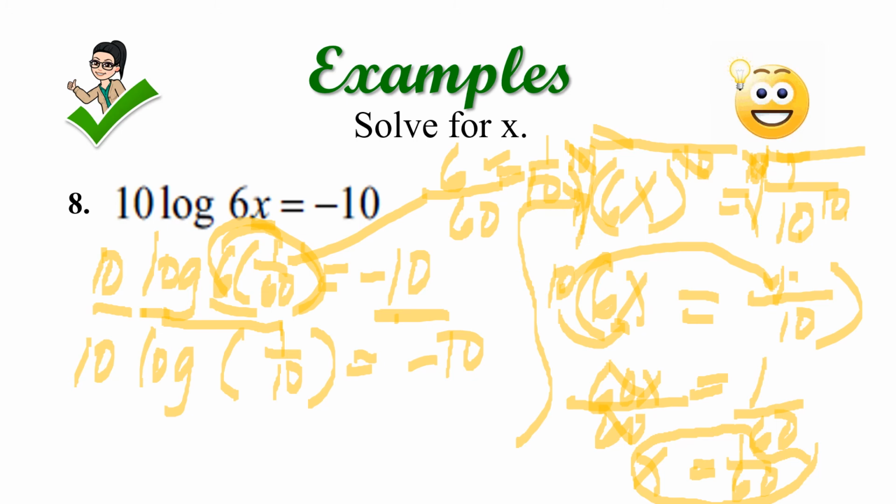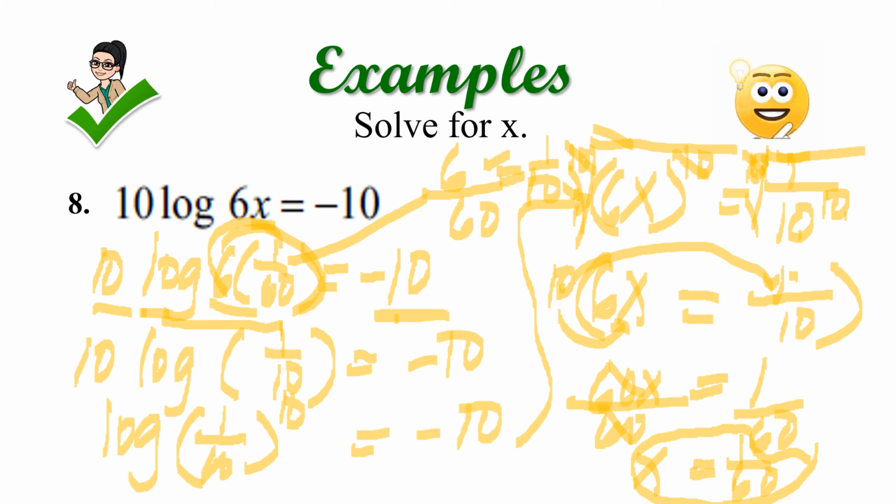Or if you don't have a calculator, applying the property of logarithm, it's the same as 1 over 10 raised to 10. So logarithm of 1 over 10 raised to 10 is equal to negative 10. Take note that logarithm of 1 over 10, when you get the reciprocal, will become 10 raised to negative 10.